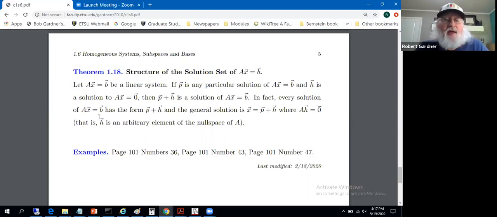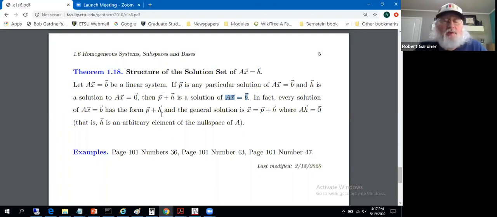And if h is a solution to Ax equals 0, so it's a solution to the associated homogeneous system, h for solution to homogeneous, p for particular solution of the non-homogeneous system of equations. Then the claim is p plus h is also a solution to the non-homogeneous system of equations. In addition to that, every solution of Ax equals b is of the form p plus h.